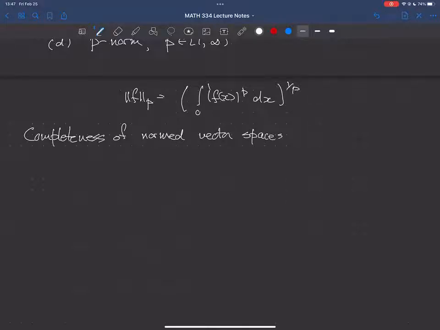I haven't defined it formally, but it's obvious what a normed vector space is. A normed vector space is a vector space with a norm. You can also, of course, talk about semi-normed vector spaces.